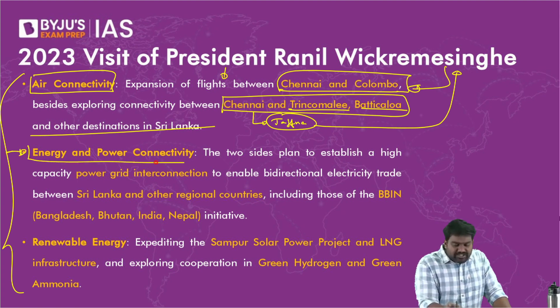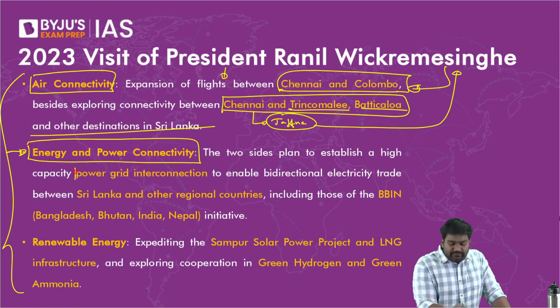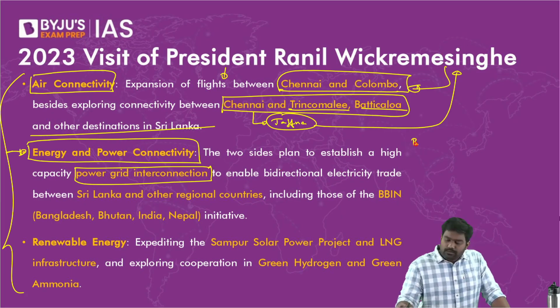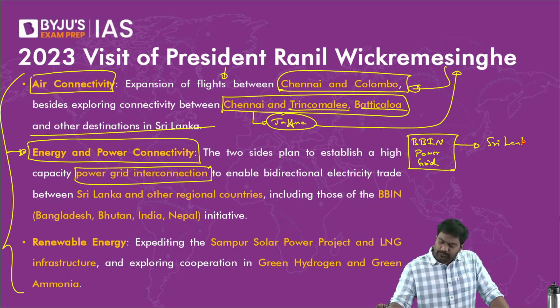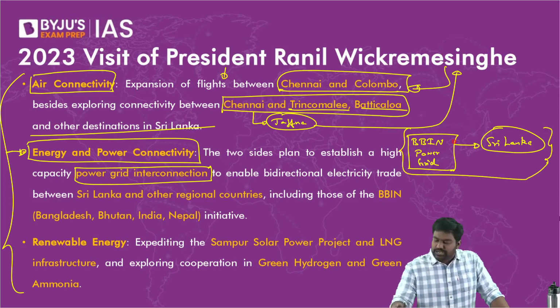With regard to energy power connectivity, we have launched a power grid interconnection initiative. Remember, we studied the BBIN power grid, how India's power grid is linked with Bhutan, Bangladesh, India, Nepal. We are going to extend this to connect it with Sri Lanka as well. So we can transfer electricity between these South Asian neighbors.